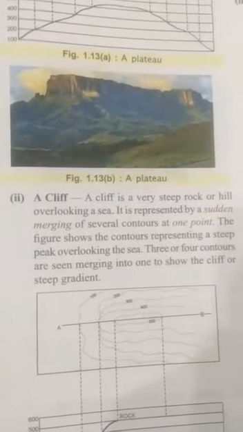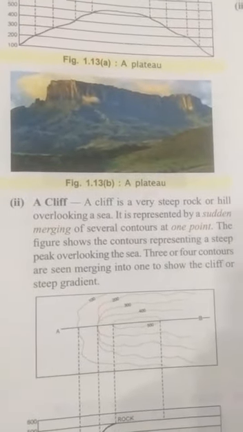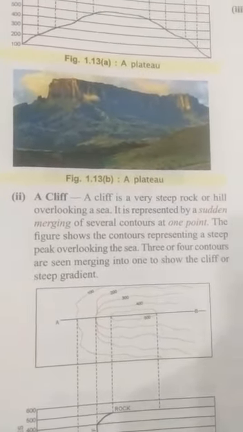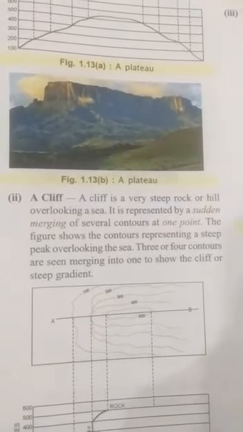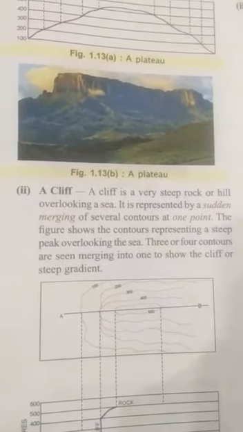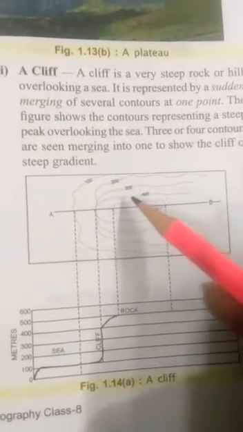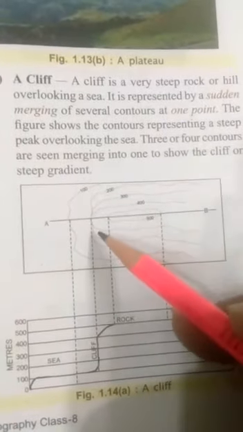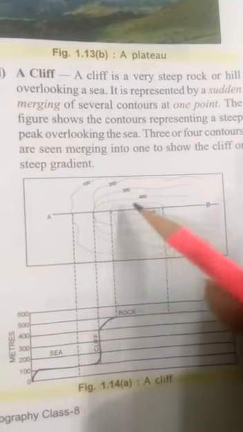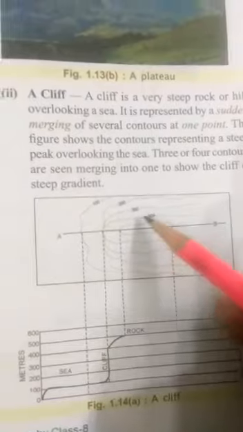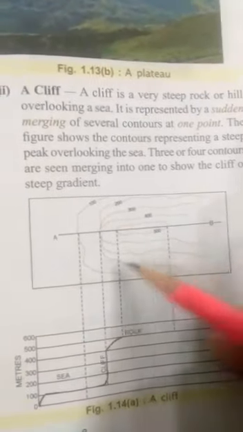Next one is cliff. A cliff is a very steep rock or hill overlooking a sea. It is represented by a sudden merging of several contours at one point. Students, see here the position of the contours. Do they merge at a single point here? Yes, they do. You see here one, two, three contours.